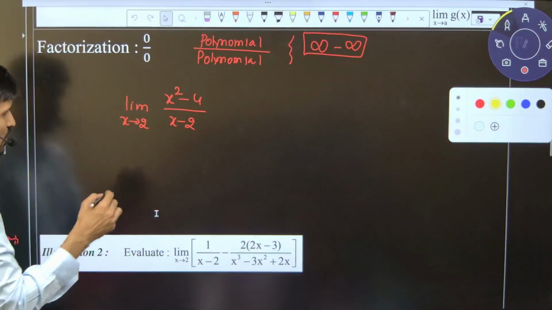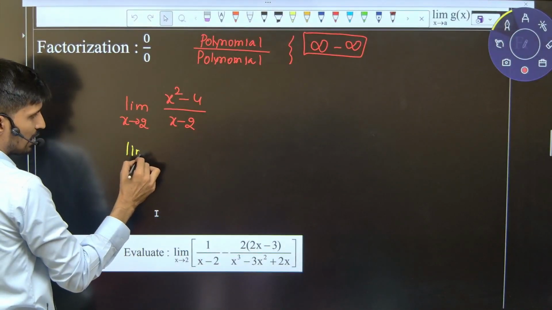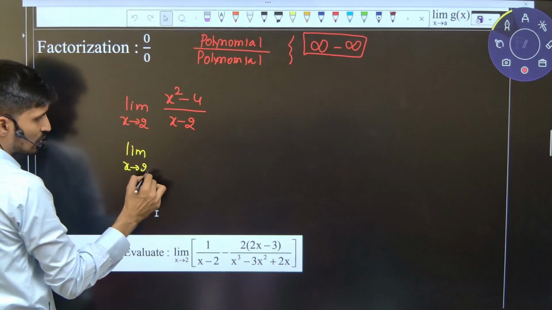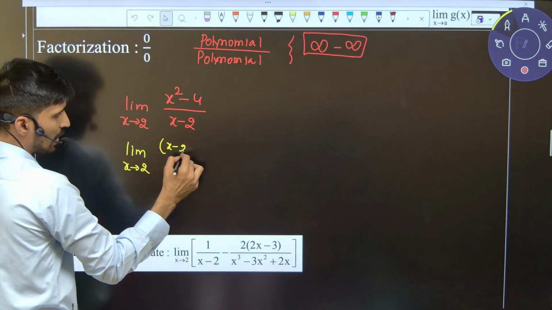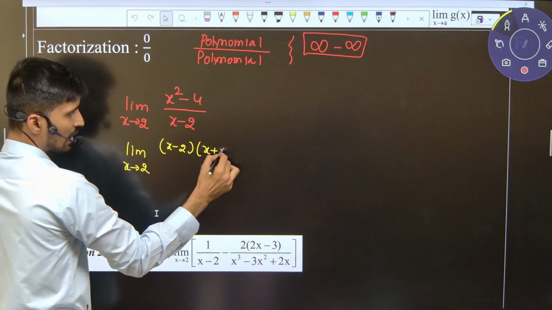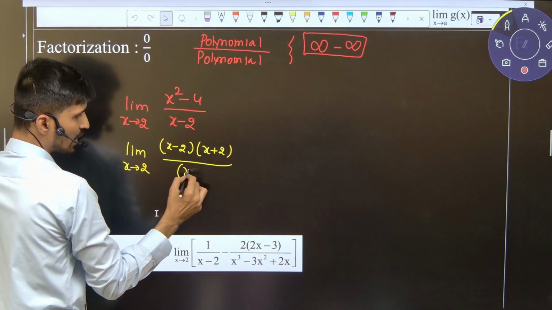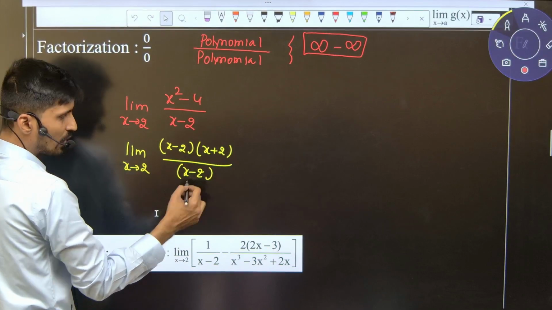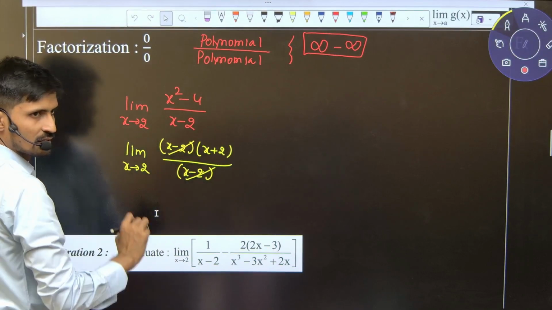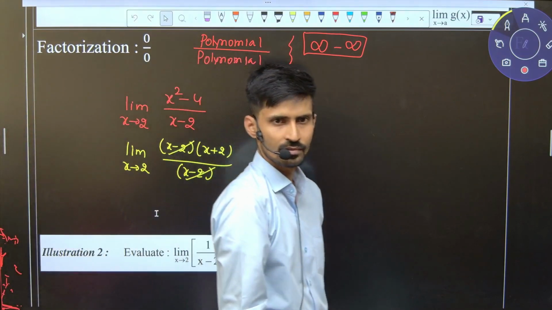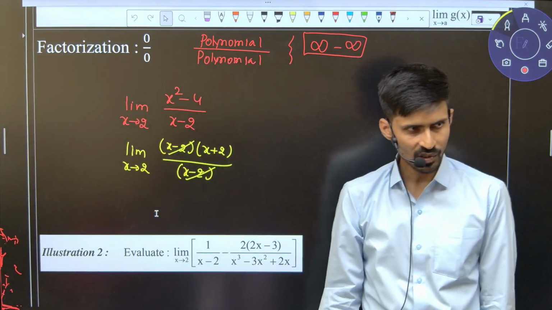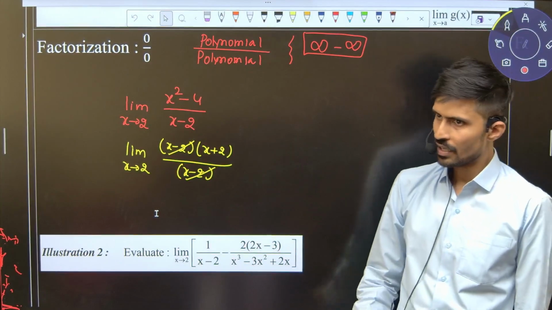Okay. So here, limit x tends to 2, that will come x minus 2 into x plus 2, and that will be over x minus 2. And you can say this x minus 2 got cancelled. Yes?